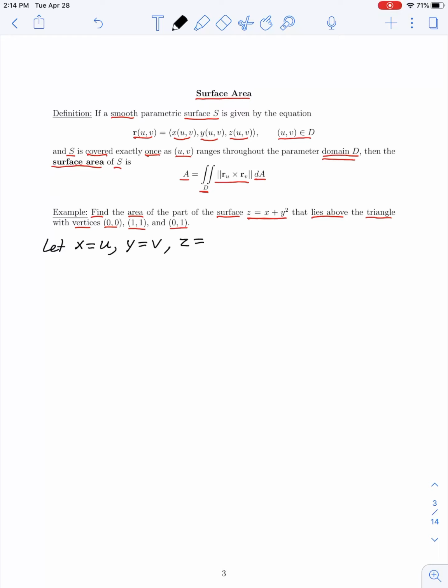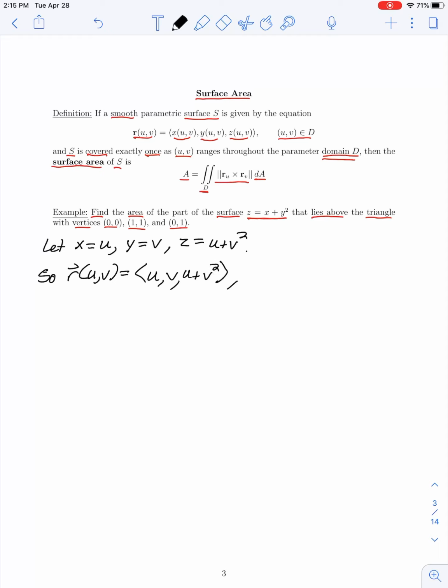So here we had x plus y squared, that would be u plus v squared, if x and y are set equal to u and v. And now we have our parameterization. So the part of this surface, r of u and v, could be given by this vector function, where the x component is u, our y component is v, and our z component is u plus v squared.